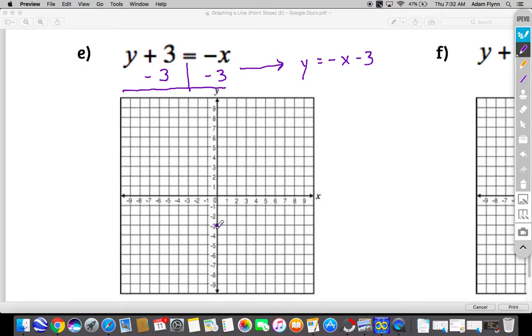negative 1 over 1, so I'll go down 1 to the right 1, down 1 to the right 1, or I could go up 1 to the left 1, up 1 to the left 1. And that's enough points for me, so I'll make my line and extend it in both directions.